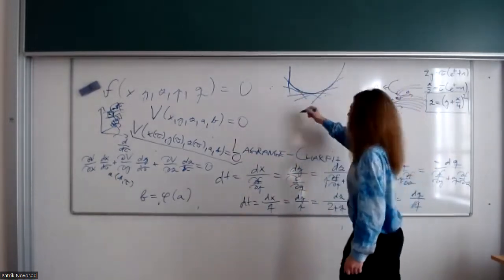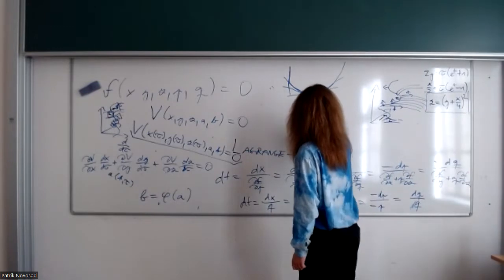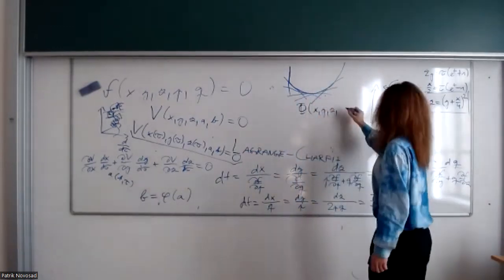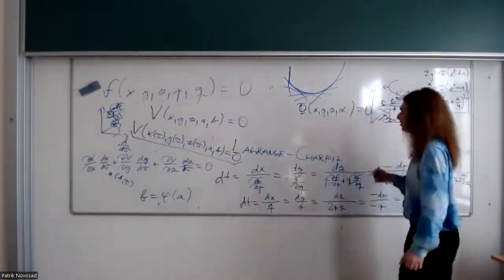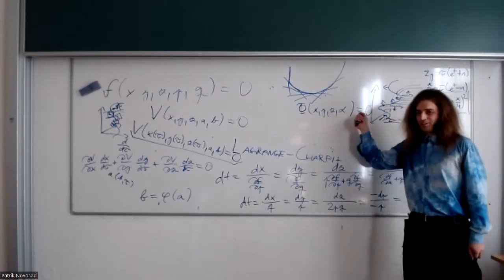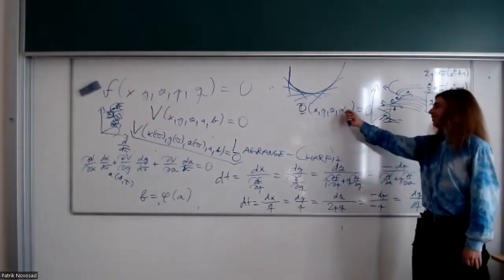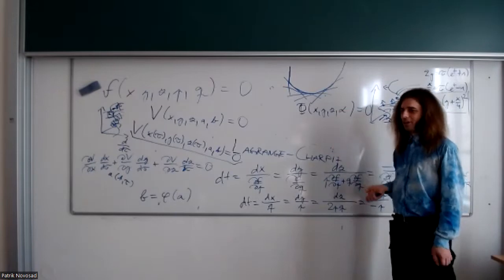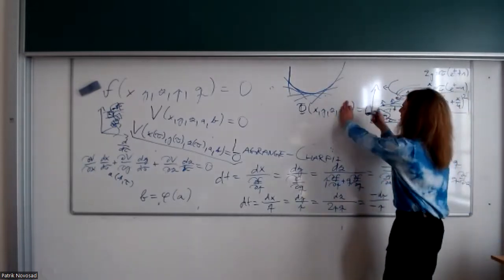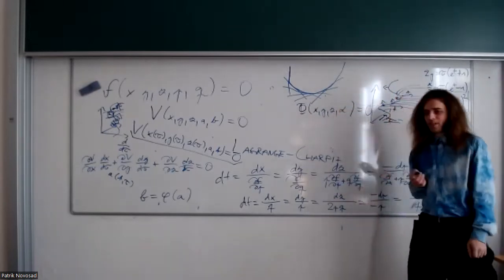Because it's just a general problem. Anyway, let's say that we have a one-parameter family of surfaces that would be given by such an equation: a function of x, y, and z, and that one parameter is equal to 0, so that if I set the parameter to any particular value, I get the surface given by such an equation.